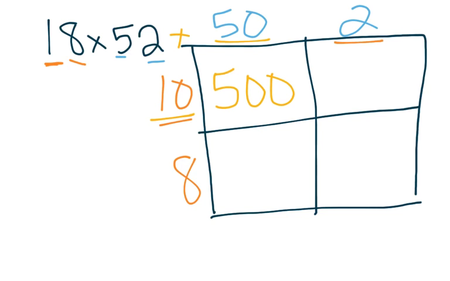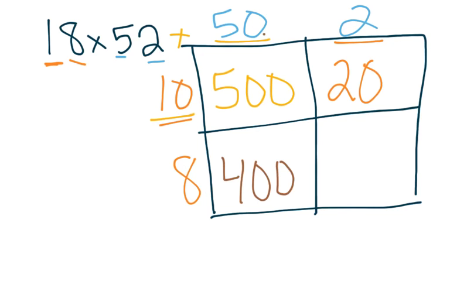So 10 times 2 I know is 20. And then I'm going to do my 50 times 8, and I know that 5 times 8 is 40. And I have 1 zero left over from my 50, so that's going to get me to 400. And then 2 times 8 is going to get me to 16.